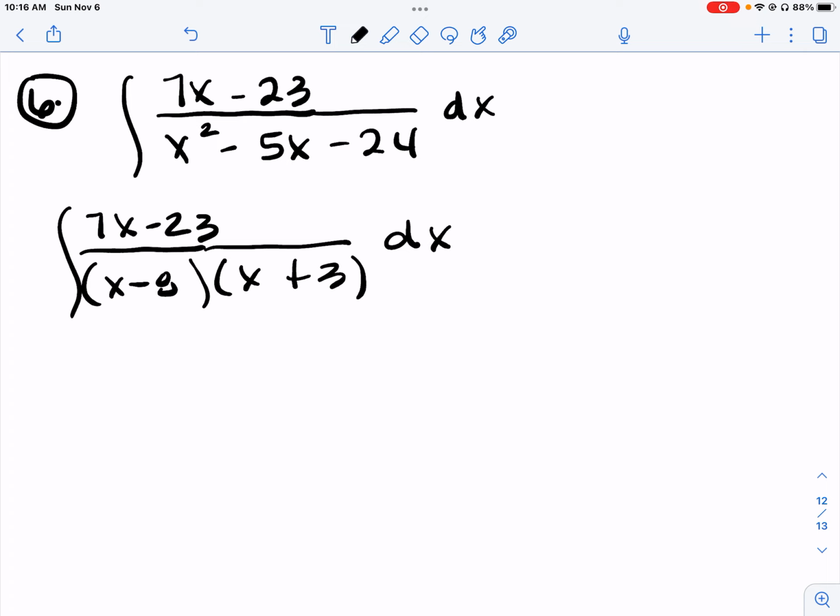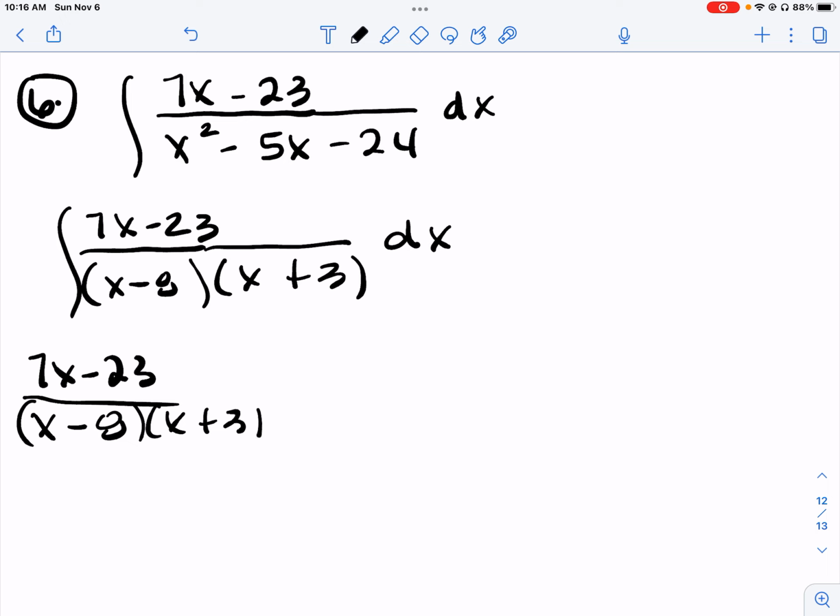So we're going to say that 7x minus 23 over the factored denominator, x minus 8 times x plus 3, is something over x minus 8 plus something over x plus 3.